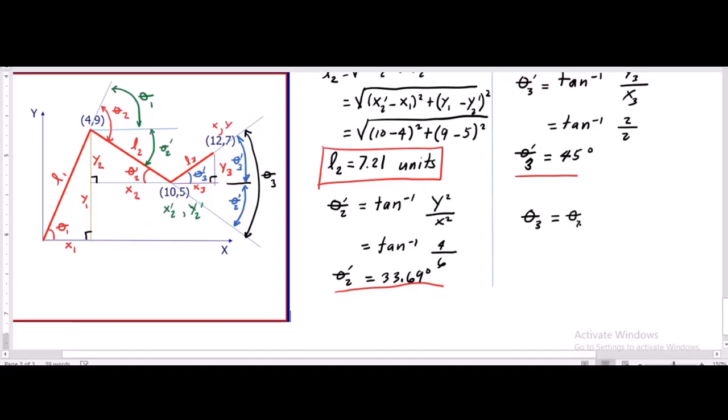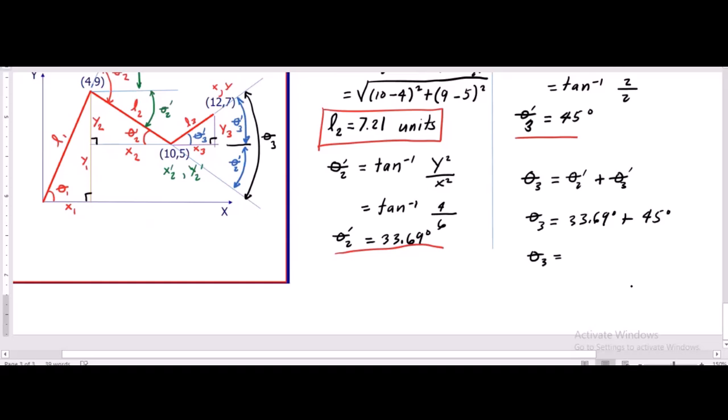So theta 2 prime is 33.69 degrees plus the theta 3 prime 45 degrees. Therefore, what will be the theta 3? Just add 33.69 plus 45. The answer is 78.69 degrees. So that's the answer.